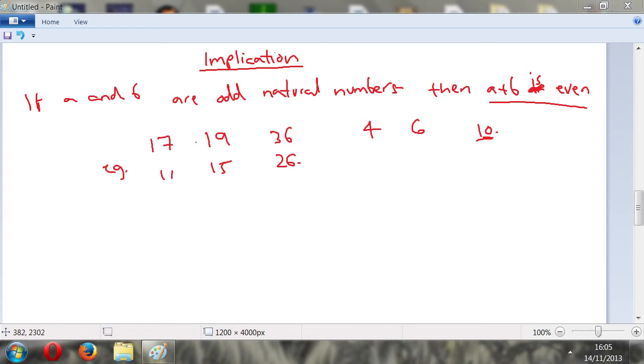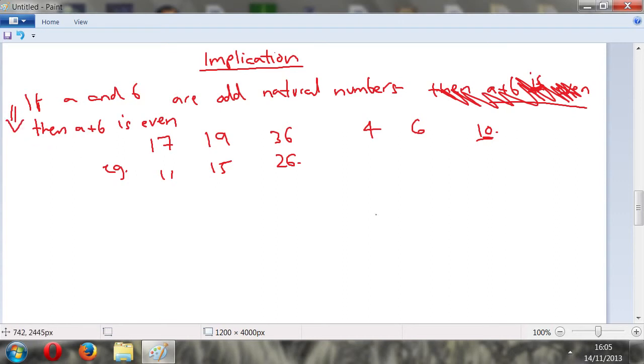I'm going to get rid of that, and then we can say this is a one-way implication, because A plus B could be even if the two numbers were even themselves. So that's a one-way implication.